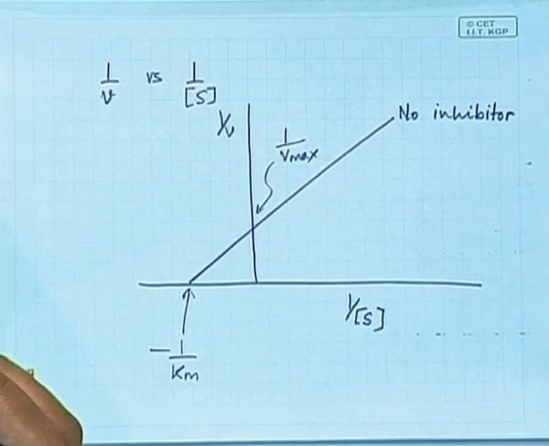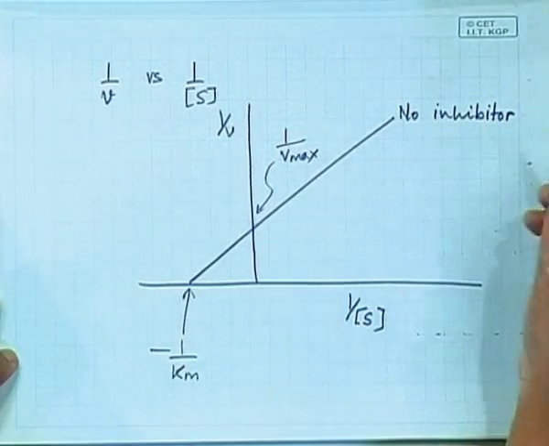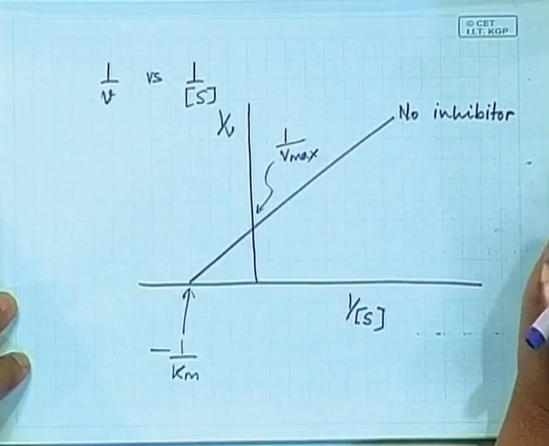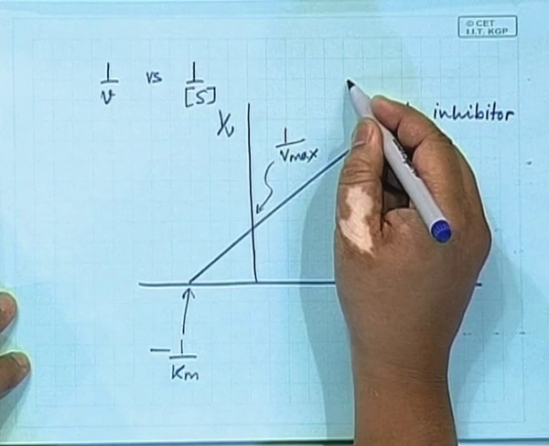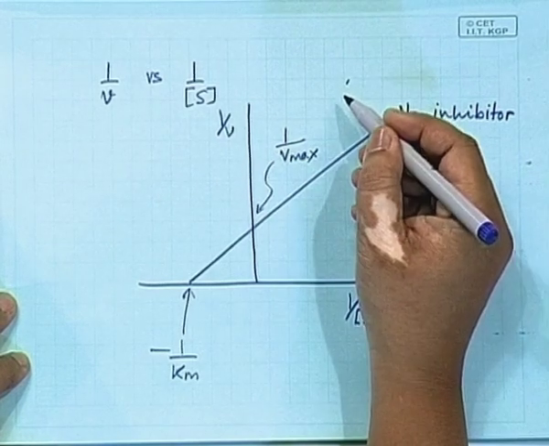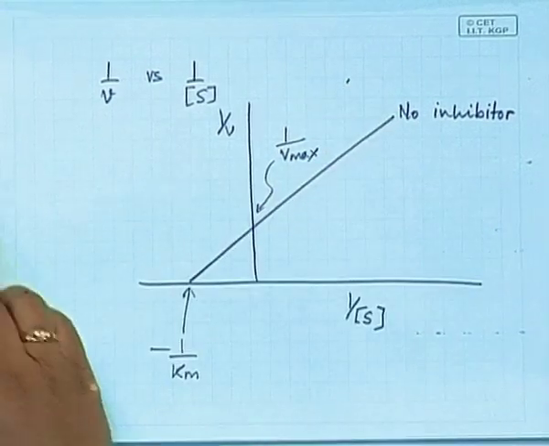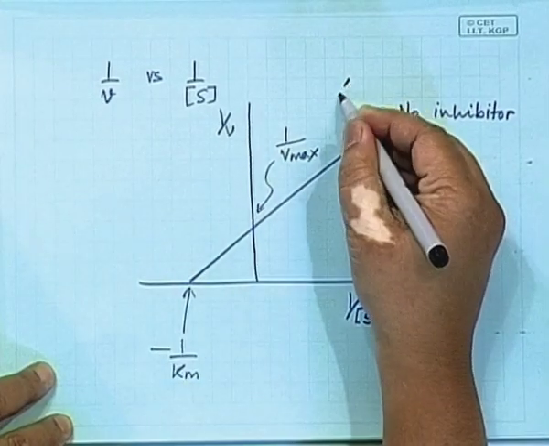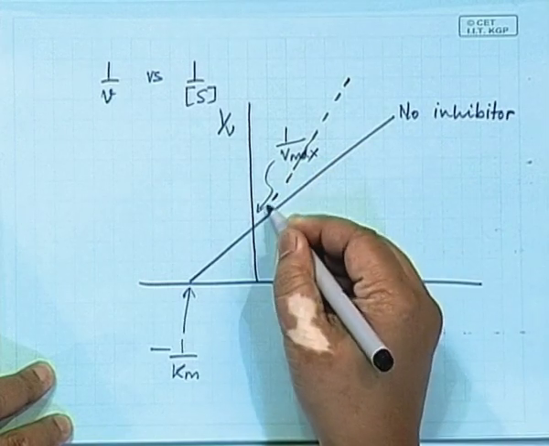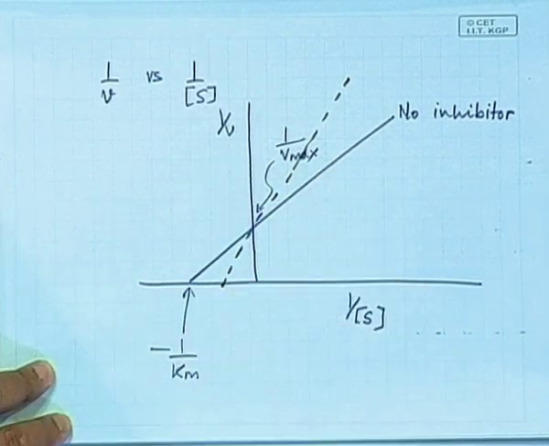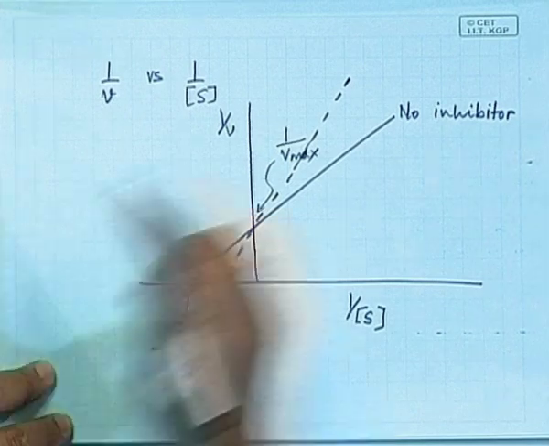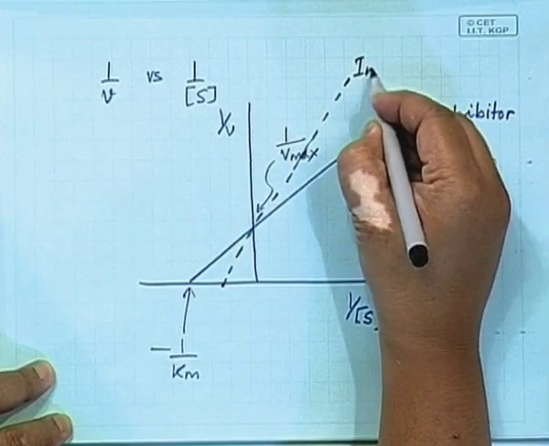Now tell me, slope will? But the Vmax is the same. The slope increases, but the Vmax is the same. So, let us use it. Right? So, I have inhibitor now.